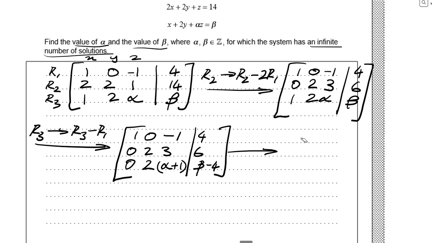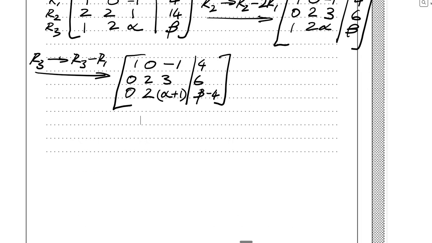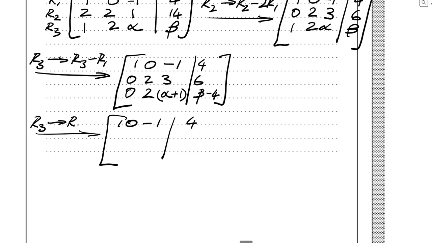So let's do that. Let me just use the space we have. Put this 1, 0, negative 1, 4. And we can use row 2. So row 3 becomes row 3 minus row 2. 0, 2, 3, 6.